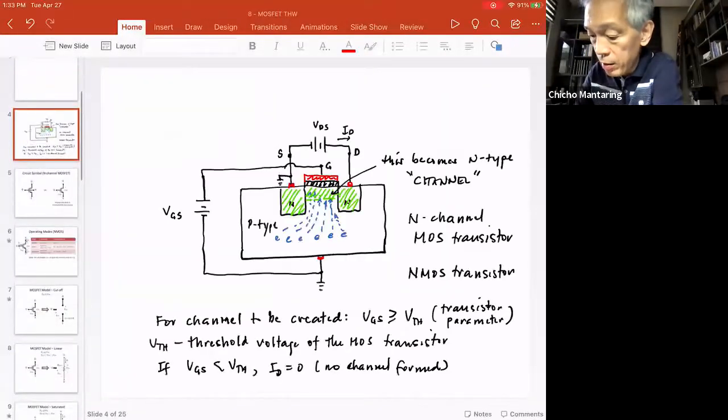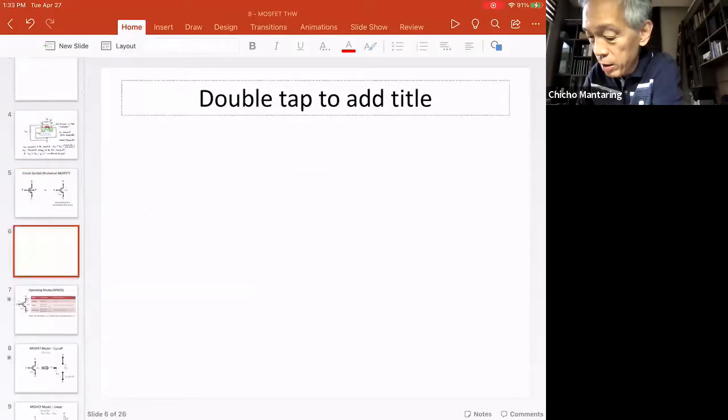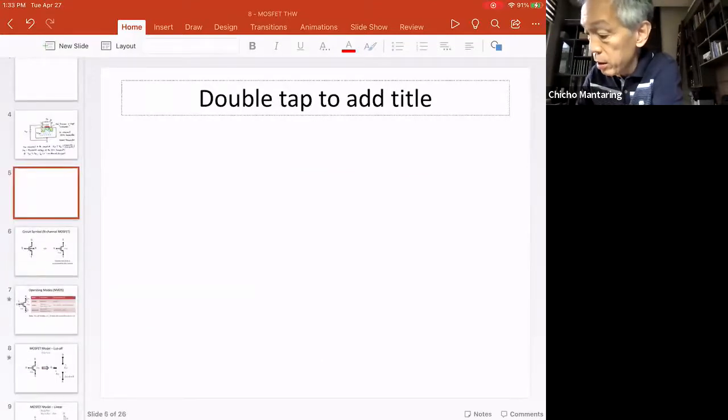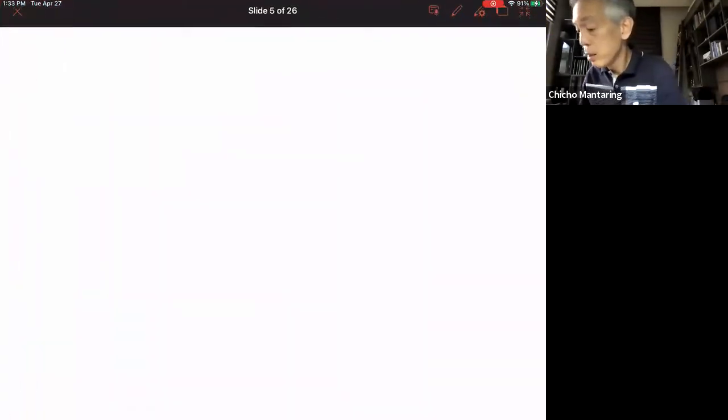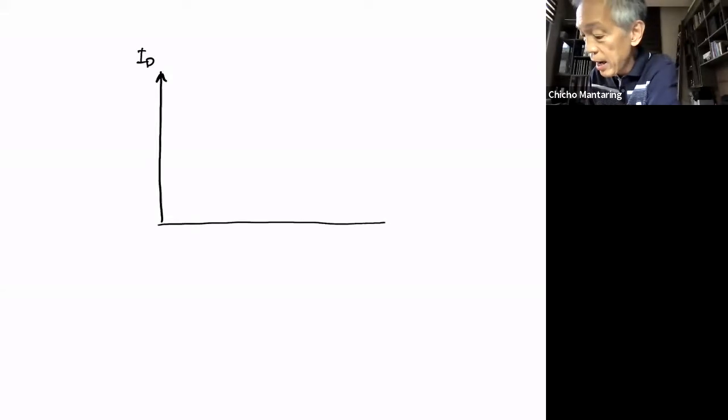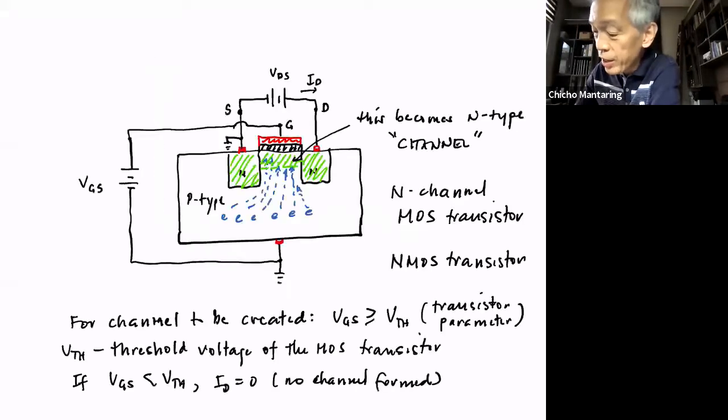I need another slide now. Okay, let me do this. Let me try to plot what I of D is going to look like as I increase VDS. In other words, looking at this, so this is VDS, the drain to source voltage.